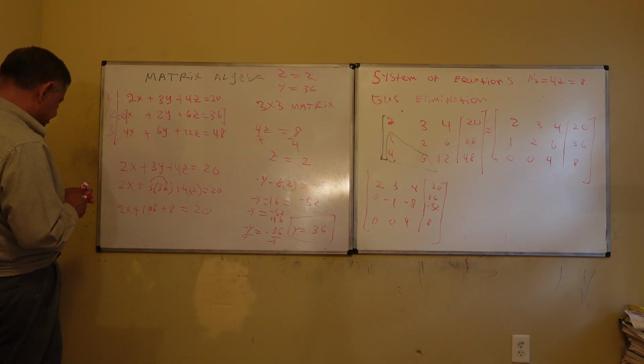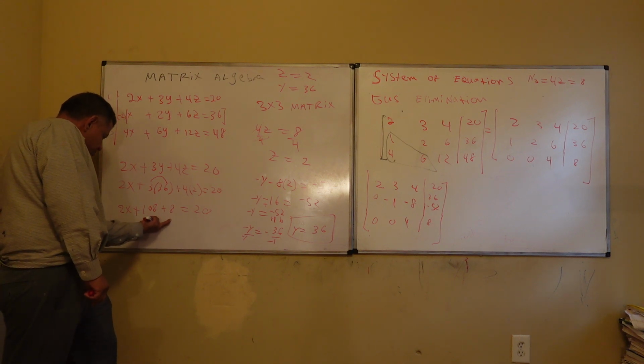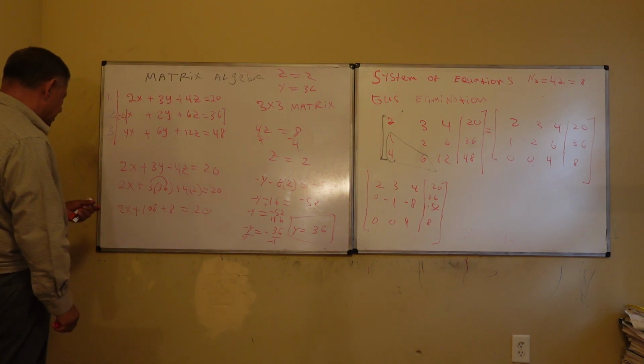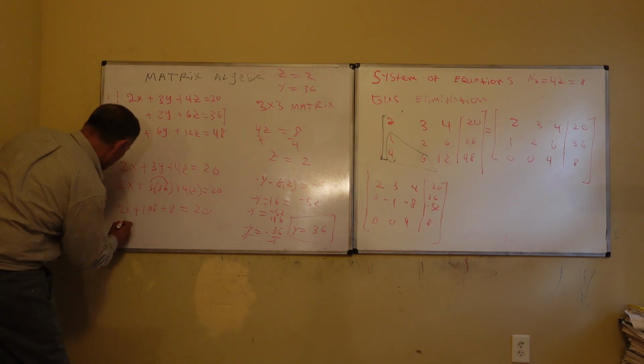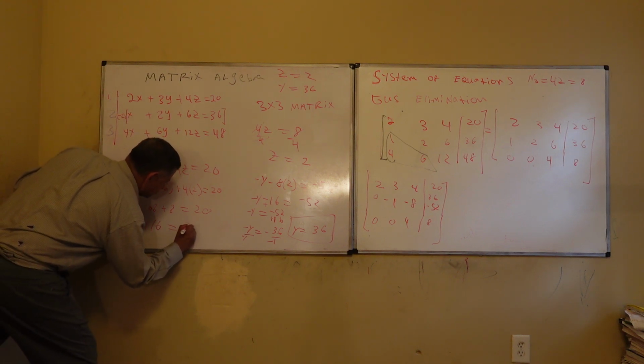Now, what do you do here? You add those two guys. Those are positive values, right? So this is 116. So 2x plus 116 is equal to 20.